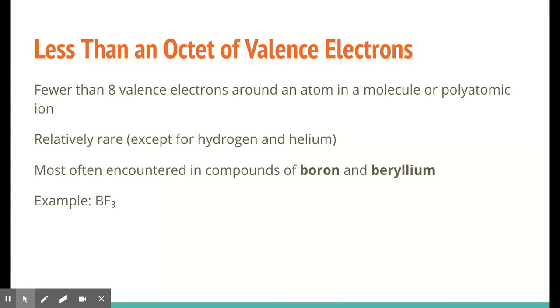So we have fewer than 8 valence electrons around an atom in a molecule or polyatomic ion. They're relatively rare, except for hydrogen and helium. Most often they occur when the compounds have boron and beryllium. So if you see a compound with boron or beryllium, think about this exception. This may apply.